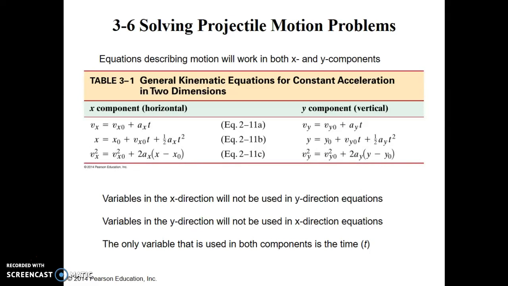Never put your x component variables in your y equations or your y component variables in your x equations. The only variable that can be used in both components is time.